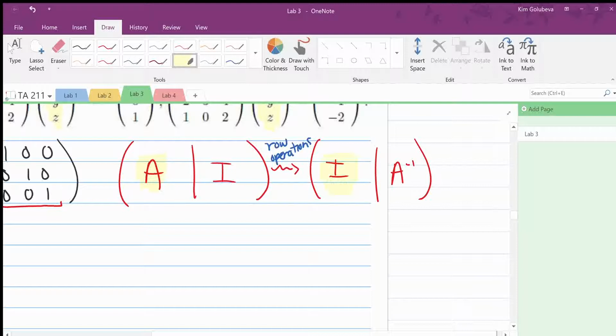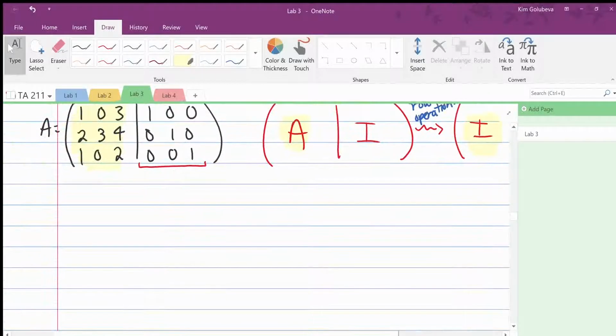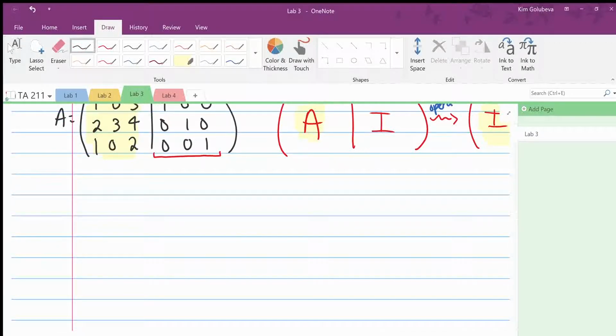So you're changing it into reduced row echelon form, just like you've always done before when you're solving systems, except this time what you're going to end up with is your A inverse on the right side of this augmented matrix line. I'll go through it and it will make sense.